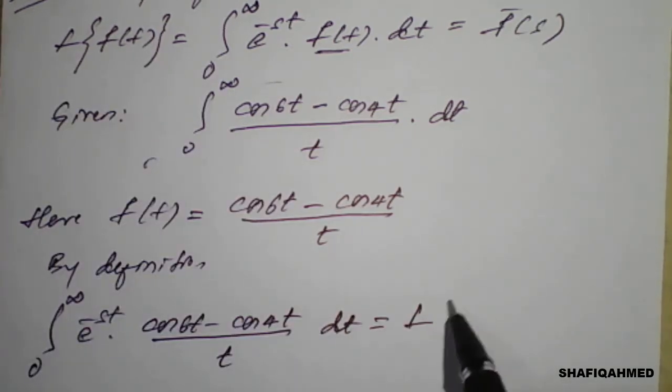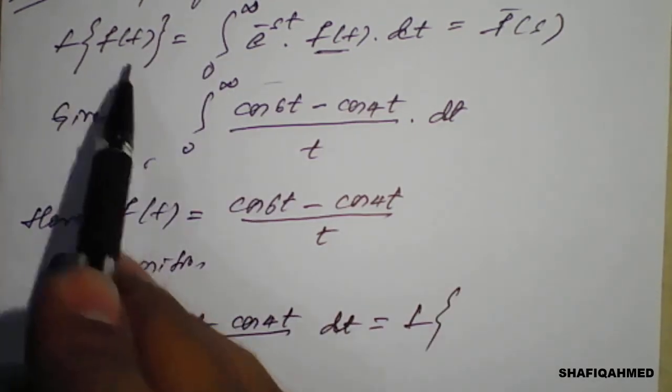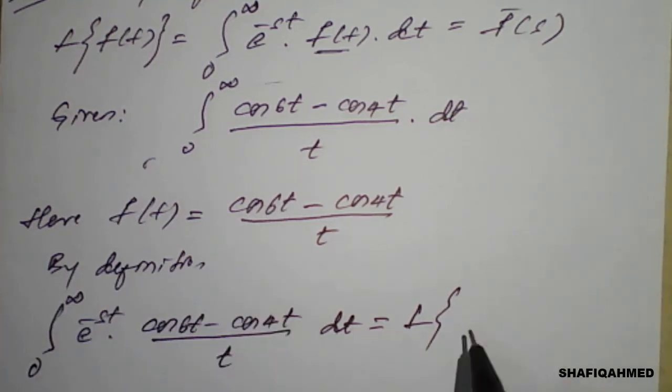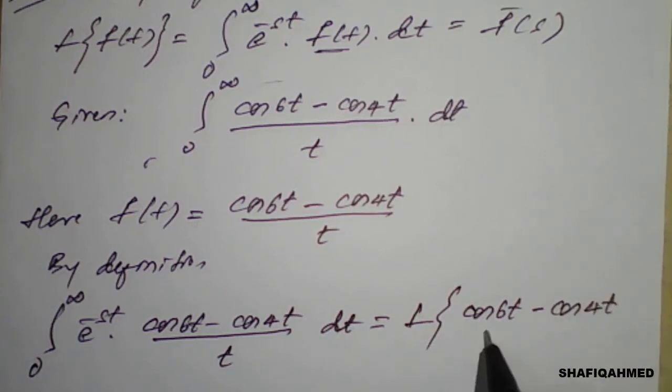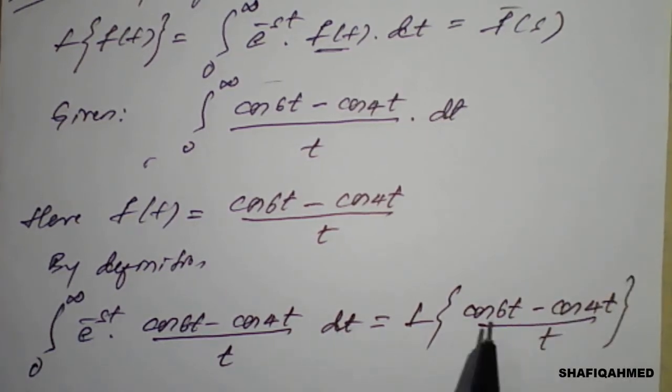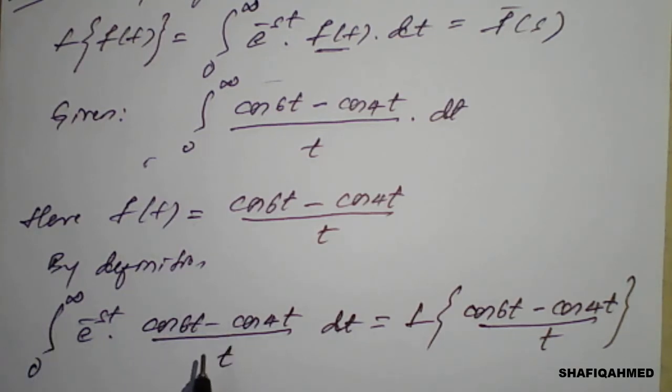So what is f of t according to this question? It is cos of 6t minus cos of 4t divided by t. If you get this answer, then you have solved the integration.